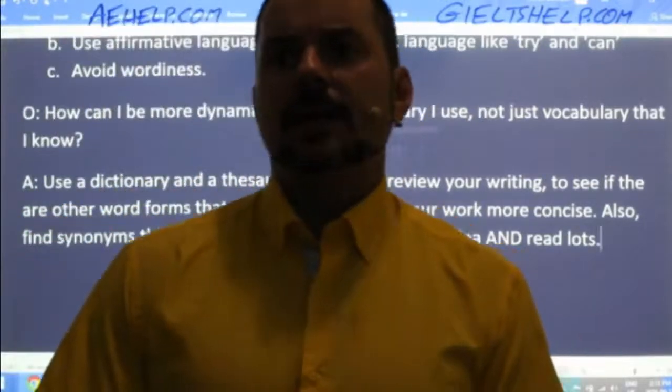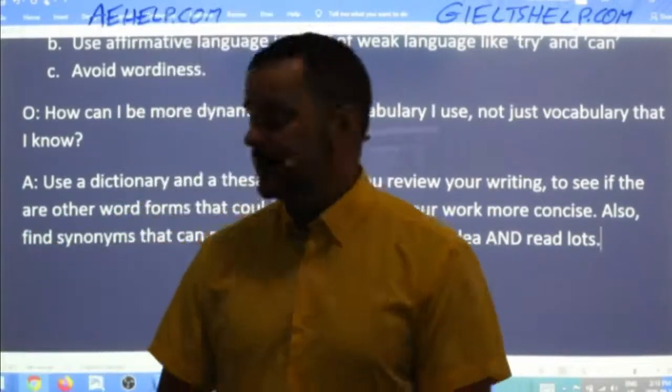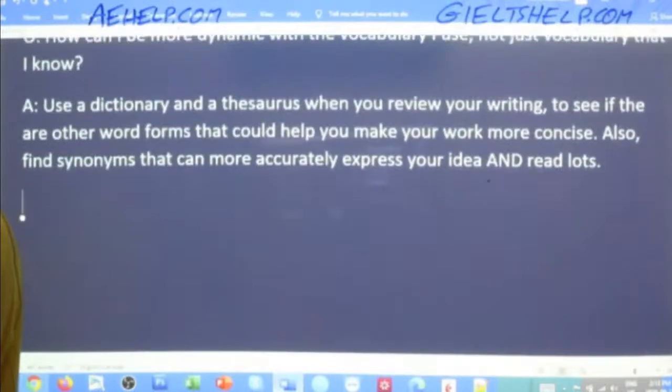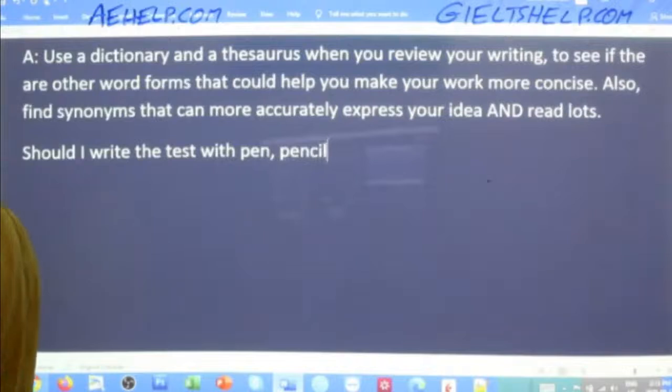Milland is asking, should we write our test with a pen or a pencil? I think the best is to write it with a pencil. Should I write the test with pen or pencil? I believe you can use both. I know we've been asked this before and we have the answer somewhere on our website, but if I remember correctly, you can use both.